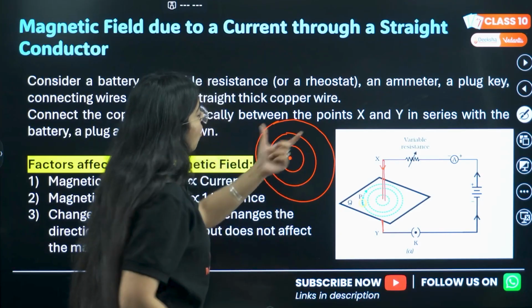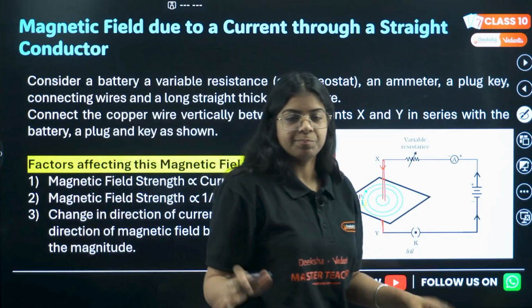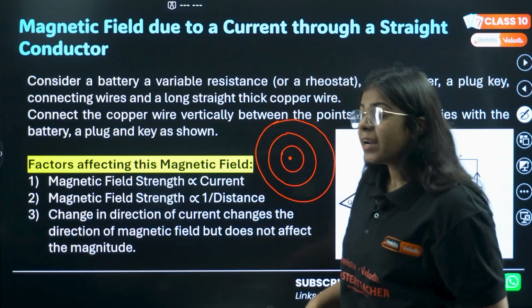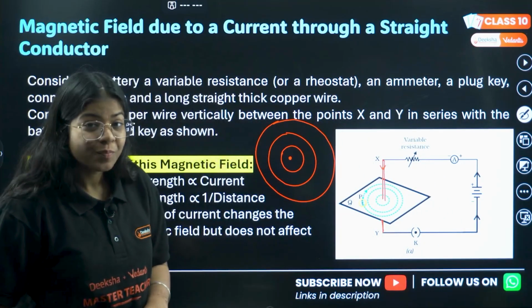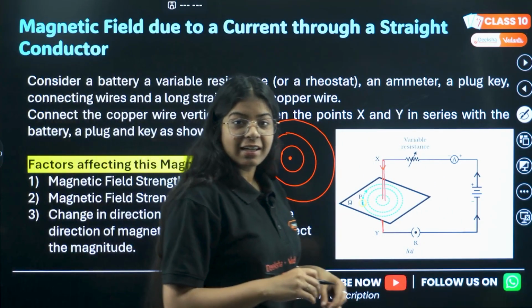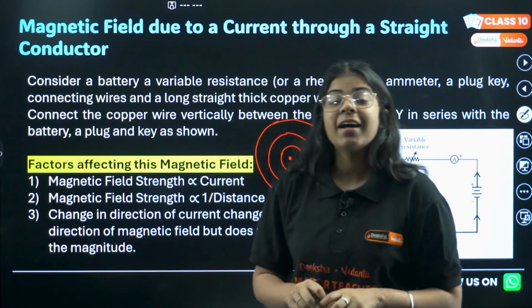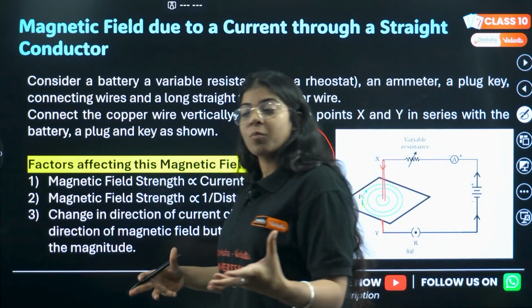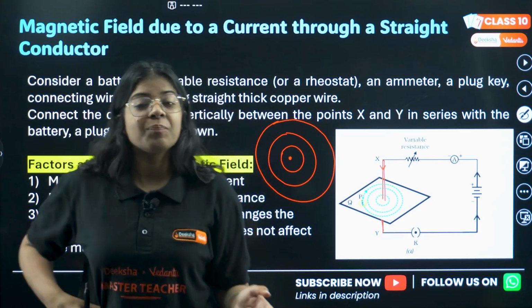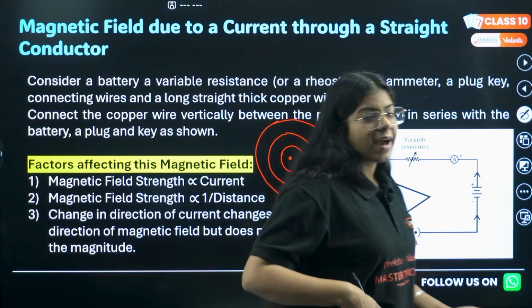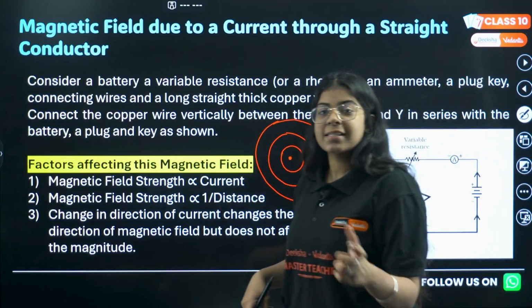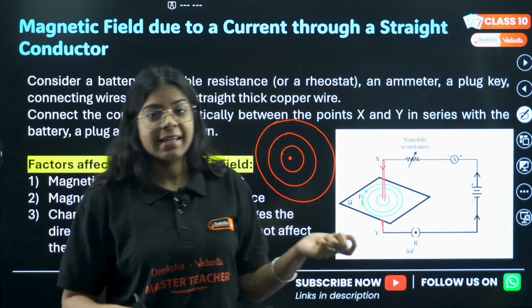Concentric circles, all these circles have the same center. So my iron filings took the shape of concentric circles, which means my magnetic field lines around a straight wire are also in the shape of concentric circles. So around a straight wire, the magnetic field is in the shape of concentric circles.